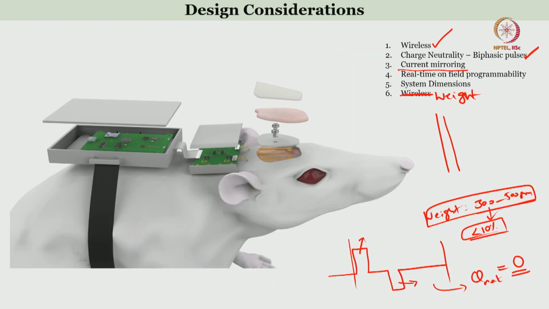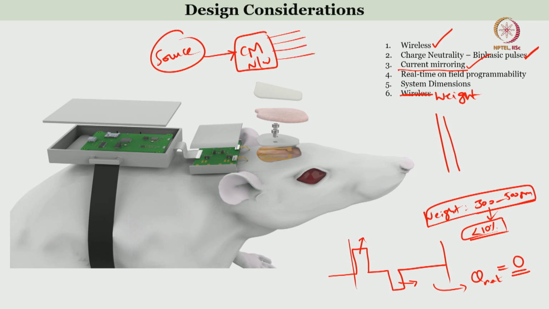So what typically we can do is use the concept of current mirroring, which we will discuss in the coming slides. You have a source and there is something called a current mirroring network. From the source the current will be sent to the current mirroring network, and the network generates multiple copies of the current.